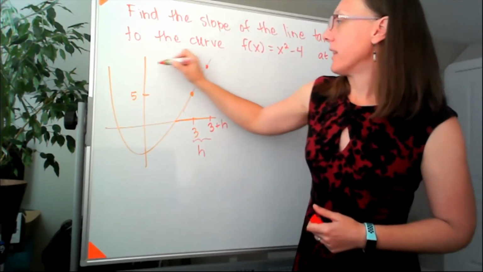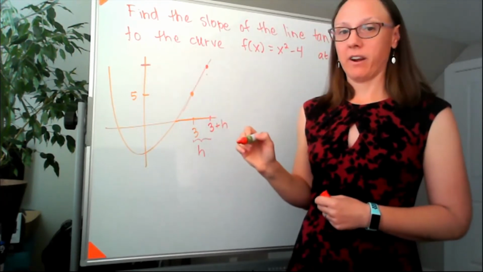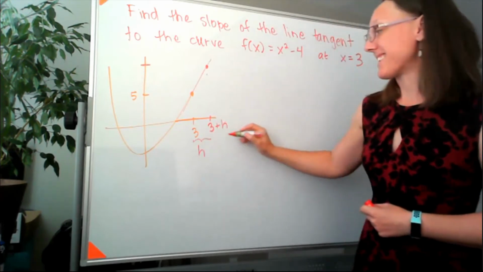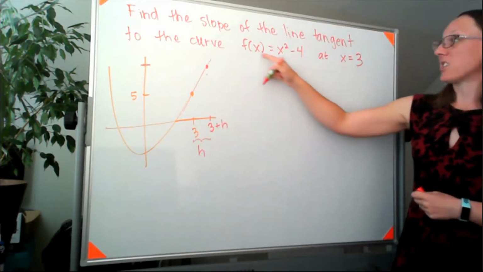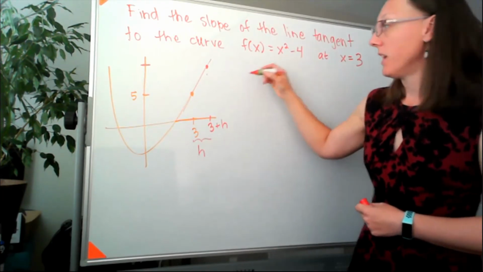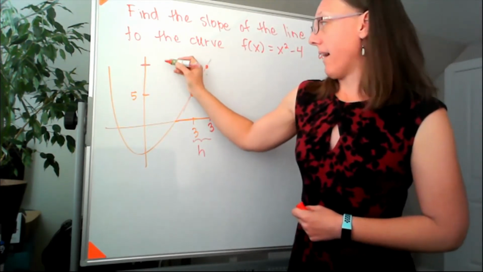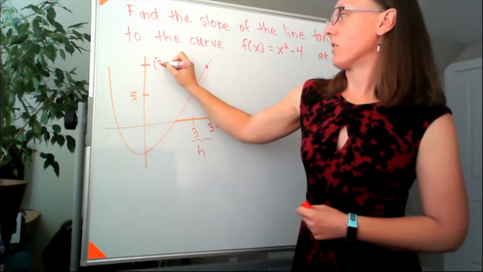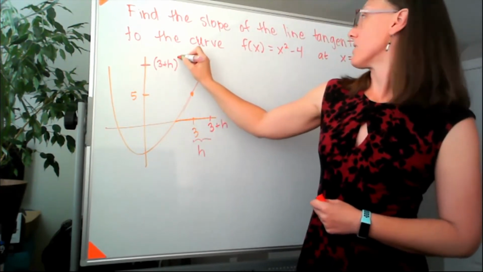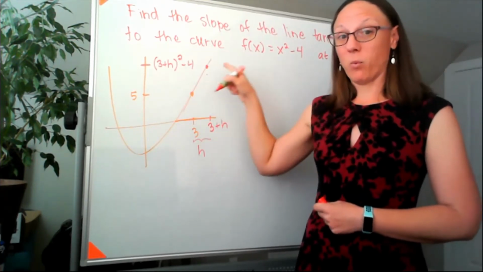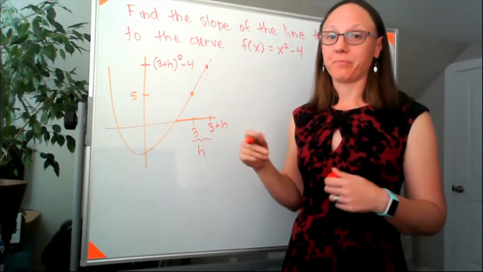Which means if I were to label the y value here, my y value at 3 plus h is: take that 3 plus h and plug it in for x. So I would have f of 3 plus h is going to look like (3 plus h) squared minus 4. That's my y value at this point.